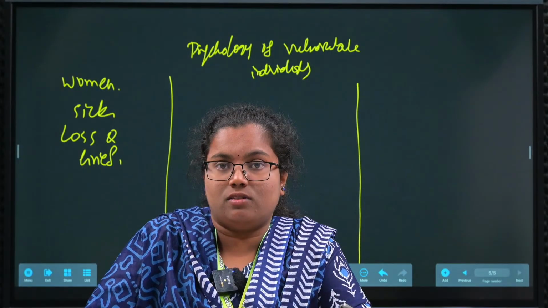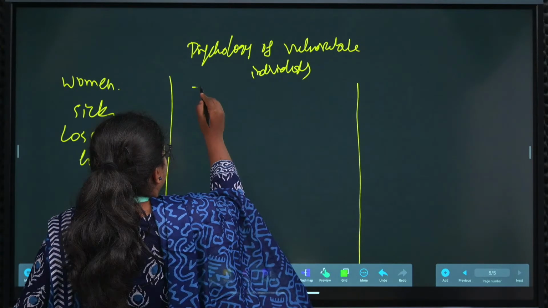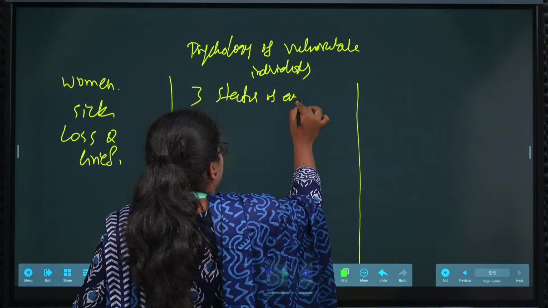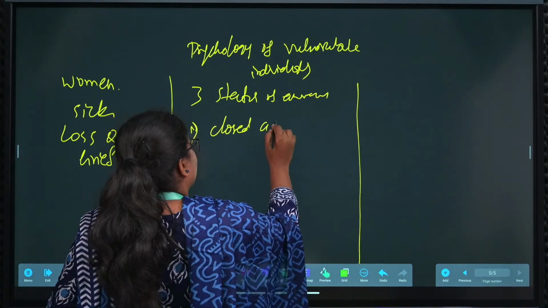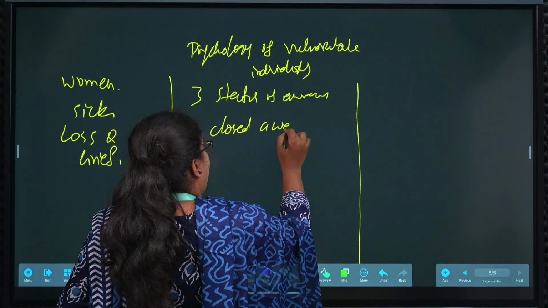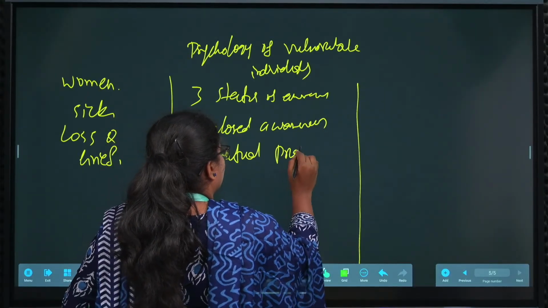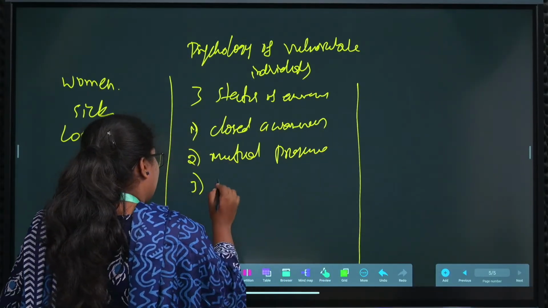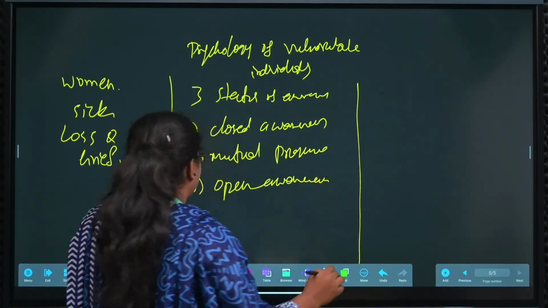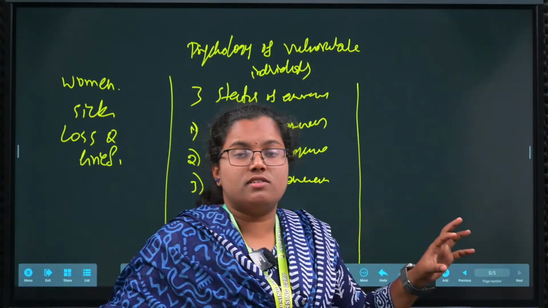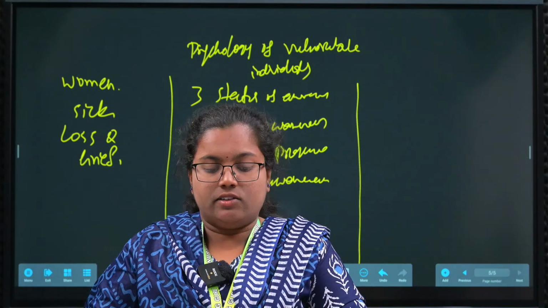We can discuss the three states of awareness now. The first one is closed awareness, the second one is mutual pretense, and the third one is open awareness.